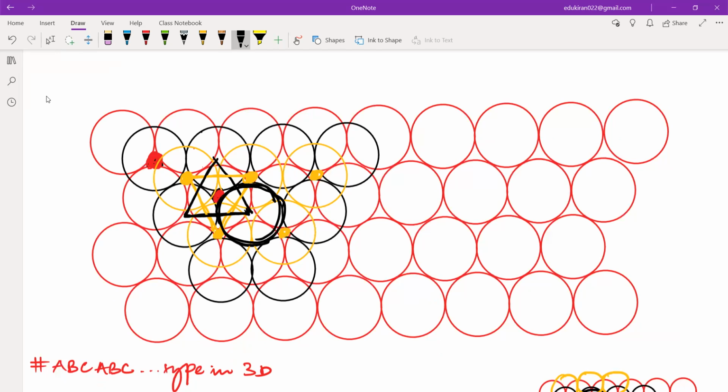Now this black atom is surrounded by 6 black atoms on the same layer, right? 1, 2, 3, 4, 5, and 6. So it is touching the 6 black atoms on the same layer, correct? Yes, sir. And then we have these yellow atoms on top of the black atom, right? These 3 yellow atoms.